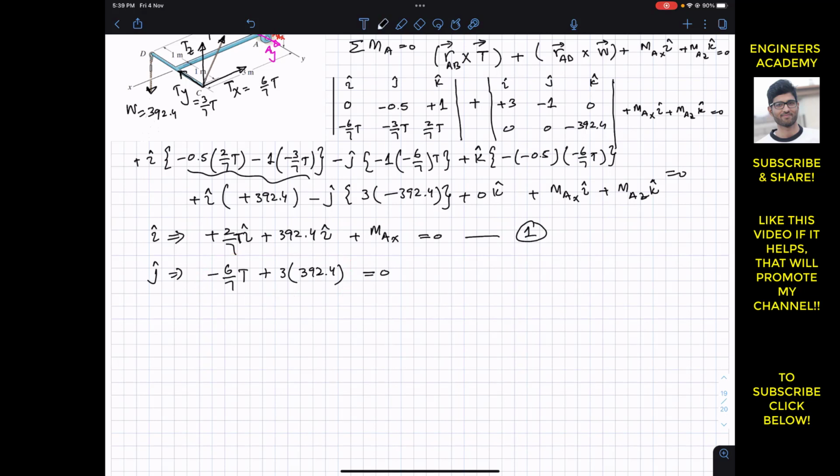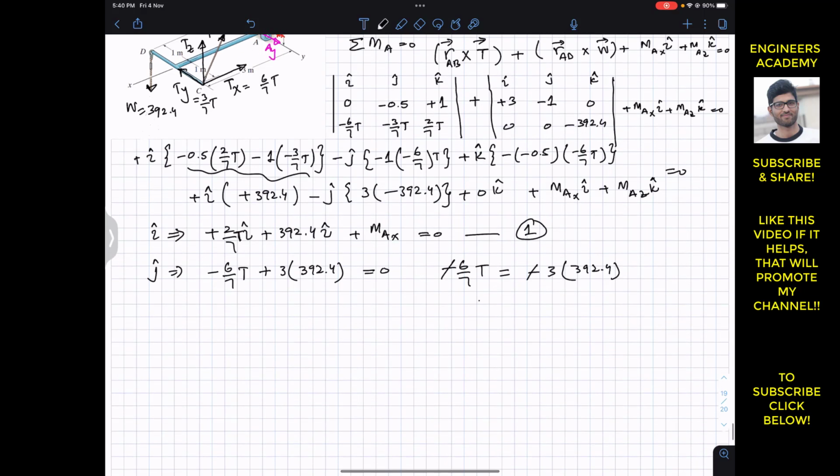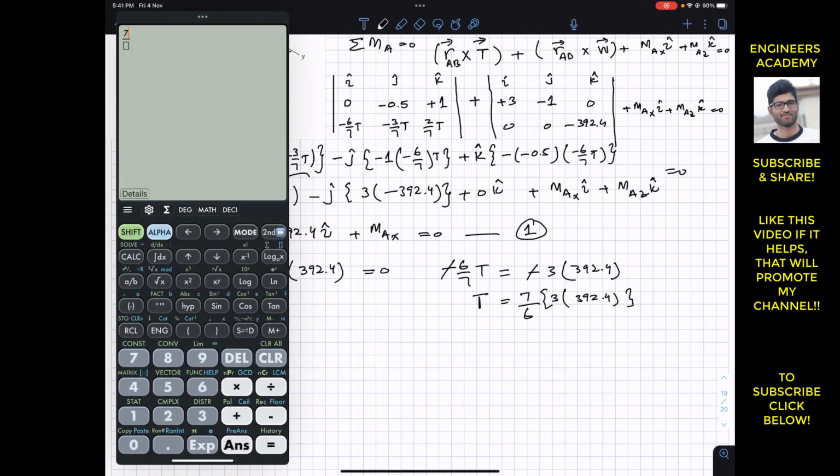So from this we can say that minus 6 divided by 7t is equal to minus 3 into 392.4, and if we divide both sides by minus and cross multiply this 6 divided by 7, we will have 7 divided by 6 multiplied by 3 multiplied by 392.4.